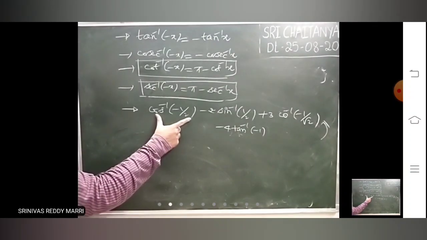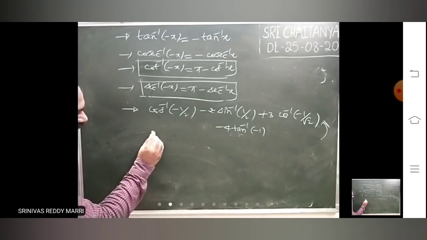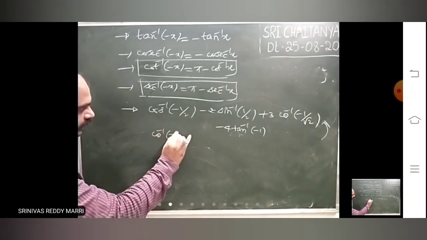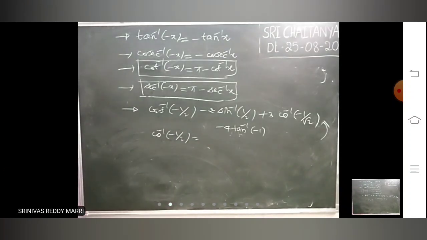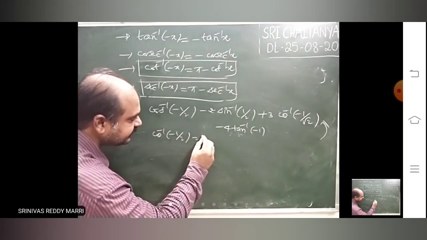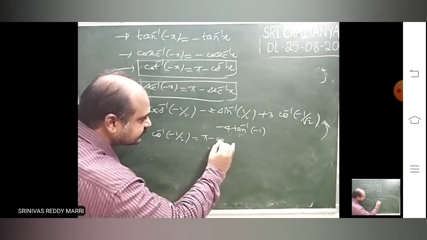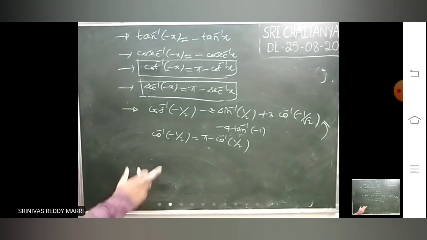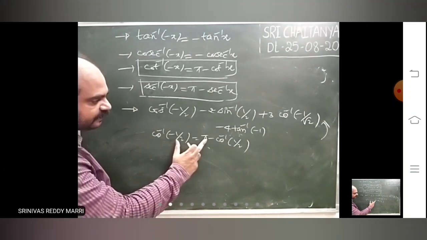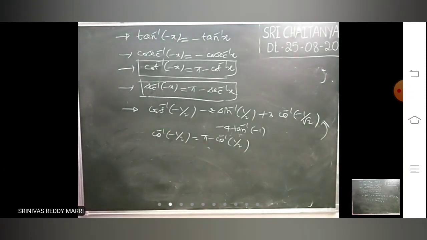Look at this value first. We will calculate cos inverse minus 1 by 2. Cos inverse minus x is what? Pi minus cos inverse x.